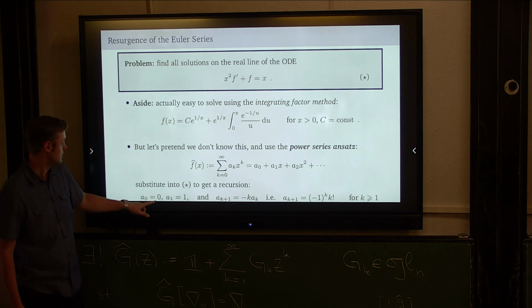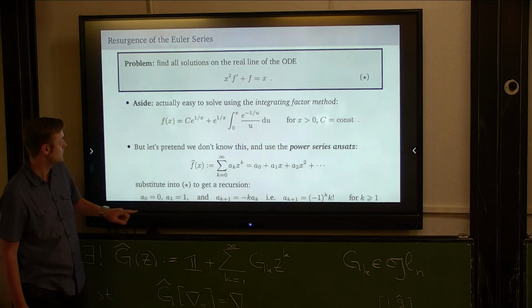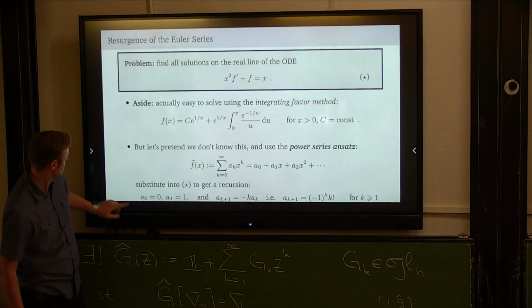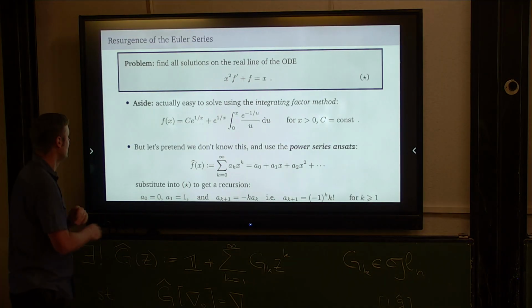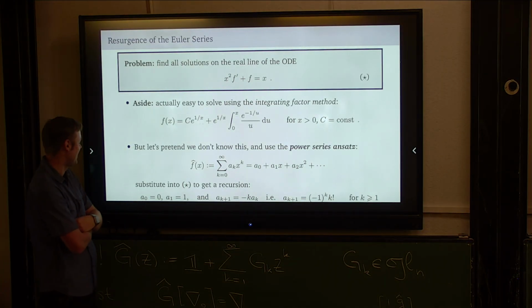You get that the 0th coefficient, why did it dim? Yeah, because your screen is... Oh, right, I better not touch it.